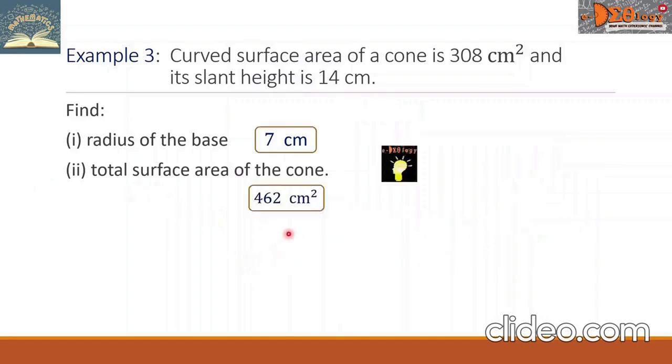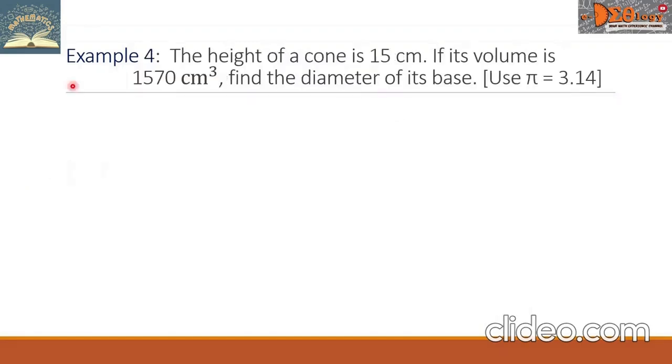Example 4. The height of a cone is 15 centimeters. If its volume is 1,570 cubic centimeters, find the diameter of its base. Use pi equals 3.14.